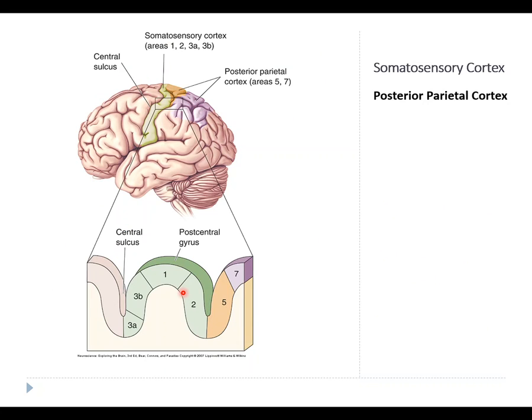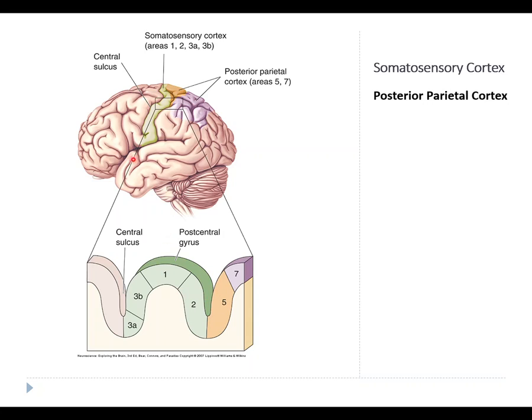Now, that's the primary somatosensory cortex, and just like with the auditory and visual cortical regions, there are secondary and tertiary sensory cortical areas that get their input from primary somatosensory cortex. One of the most important regions for the somatosensory system is this area called the posterior parietal cortex.